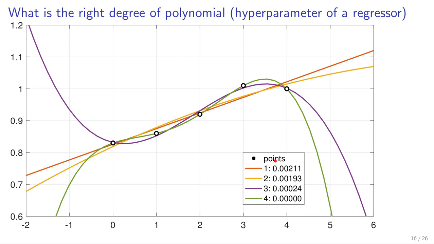And this would be the error on the training set. Now, the higher the degree of the polynomial, you're learning the coefficients of the polynomial, the lower the error you can achieve. With a polynomial of degree 4, you can even achieve a perfect fit. And the degree of the polynomial could be even higher.